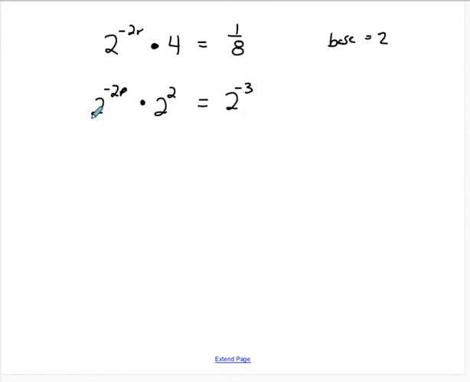Now remember, if I'm multiplying like bases, the law says that I add the exponents. So here we have 2 to the negative 2r, times 2 squared, and again, if I'm multiplying like bases, I add the exponents, which is equal to 2 to the negative third.